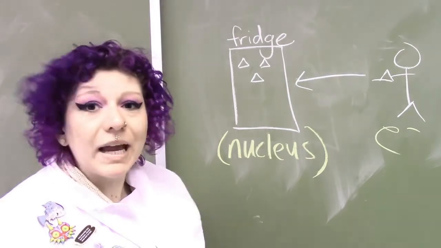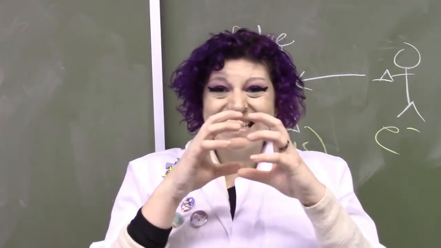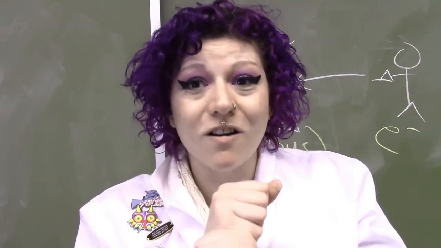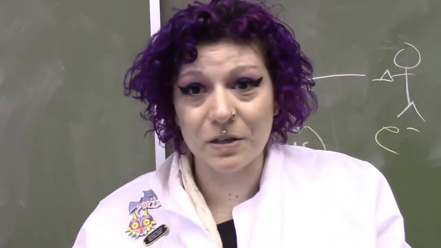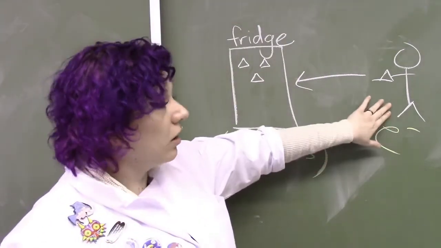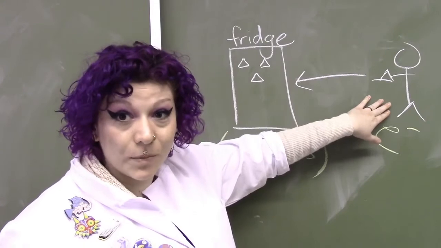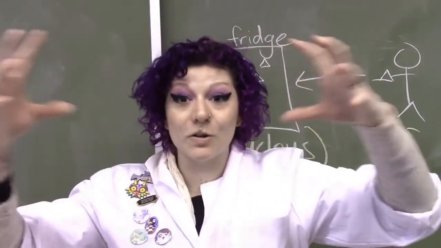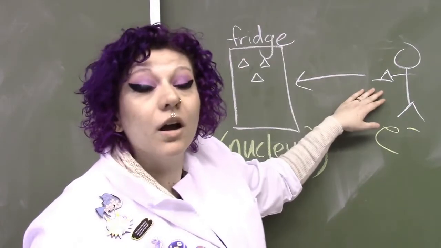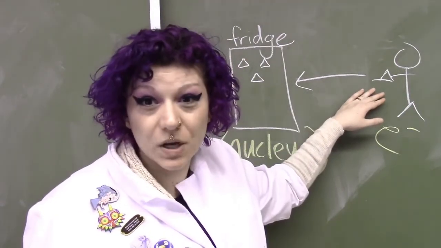So electrons that are more tightly pulled to the nucleus, it's going to be harder to pull those electrons off. But if the electrons are farther away from the nucleus, they are the outer layers, the outer edges, it's going to be a whole lot easier for us to pick those electrons off.